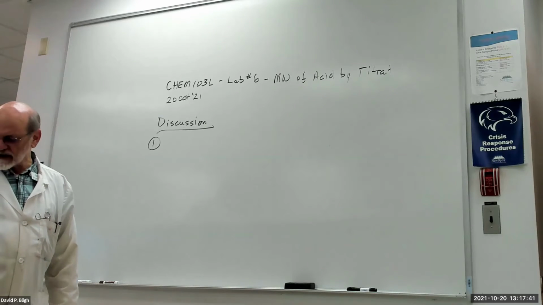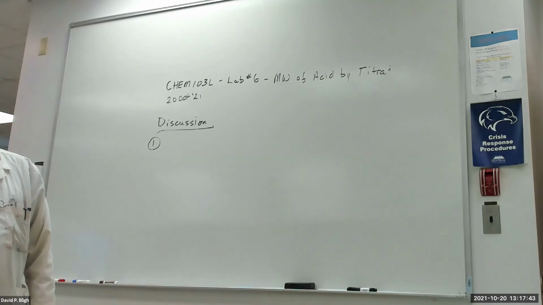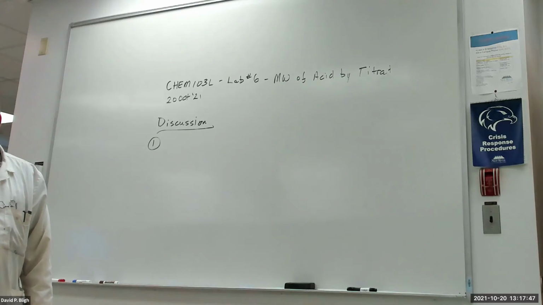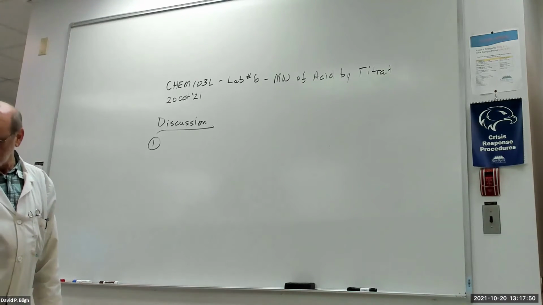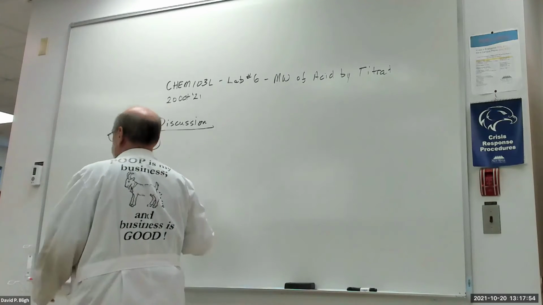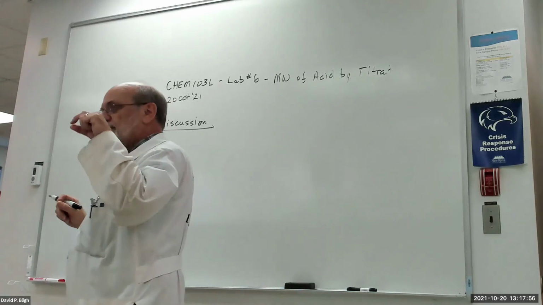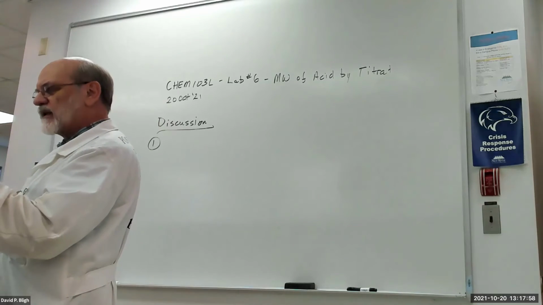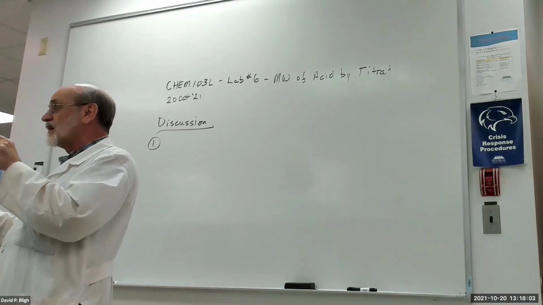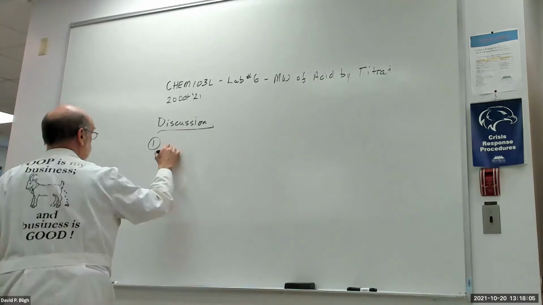calculate the volume of 0.750 molar sodium hydroxide solution required to titrate 25 milliliters of 0.873 molar acetic acid solution. So what are we given? Well, as it turns out, if the number of hydroxyls per molecule is equal to the number of hydrogens per molecule of acid, you can use this relationship.